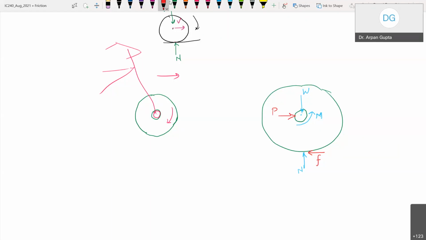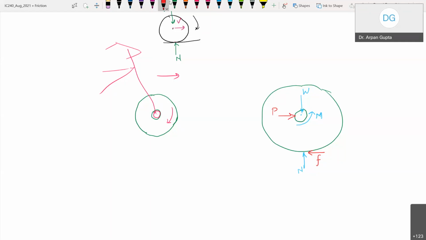So therefore, from here, we can calculate the friction force from moment M, and the horizontal force P that we need to apply to move things, right?